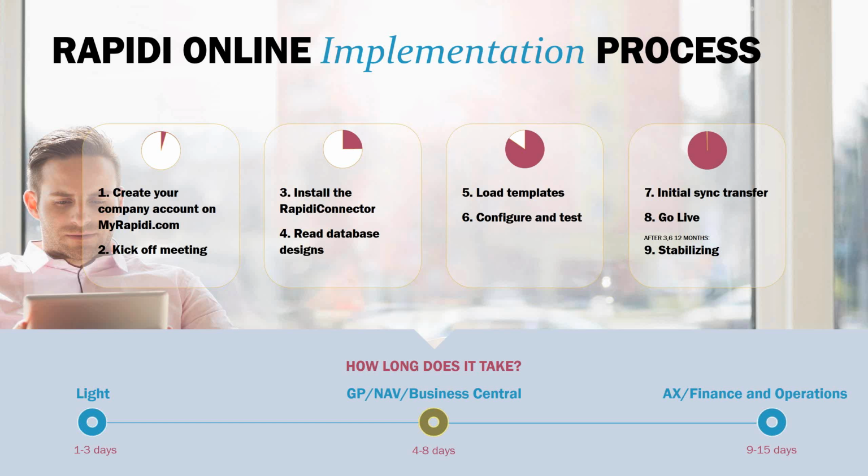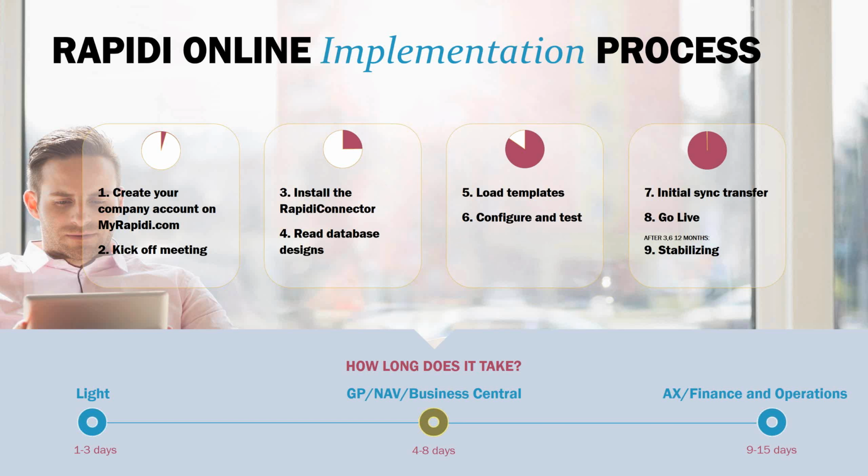If you are on AX or Dynamics 365 for finance and operations, the normal quote to cash implementation typically takes around 10 days. AX and finance and operations are slightly more complex to do the integration with, and that's why it takes a little longer. But it's only due to the higher complexity in the application itself.